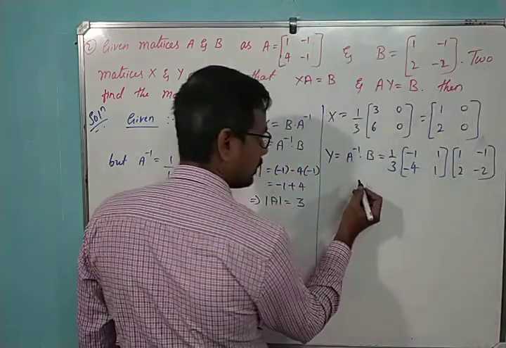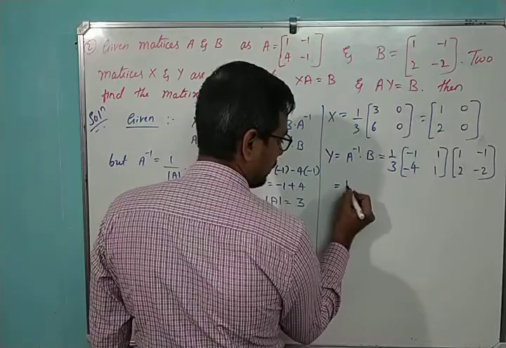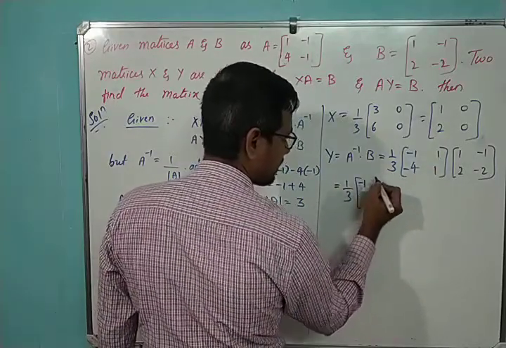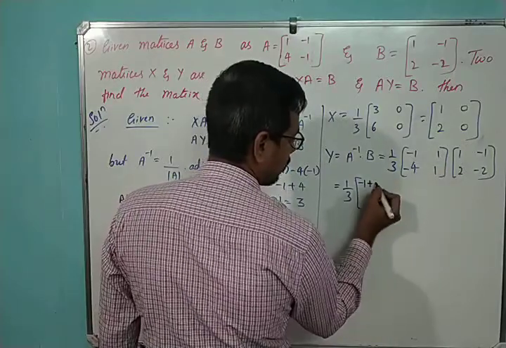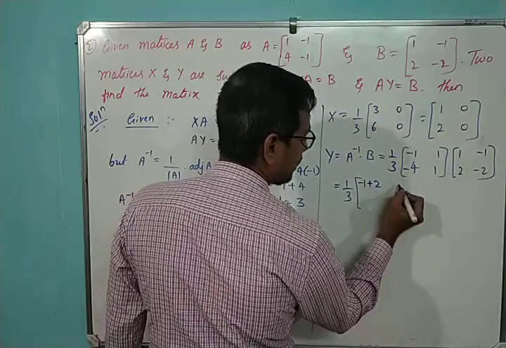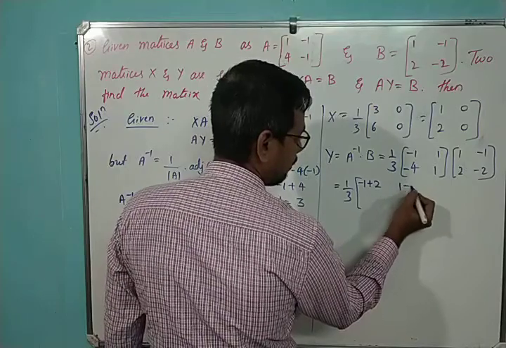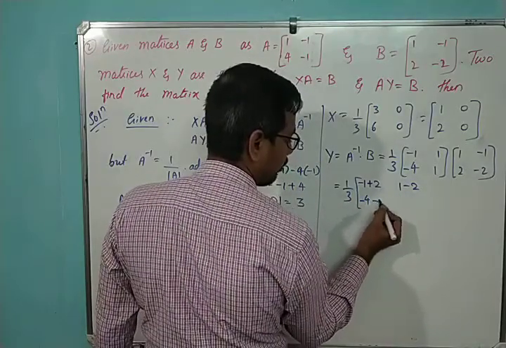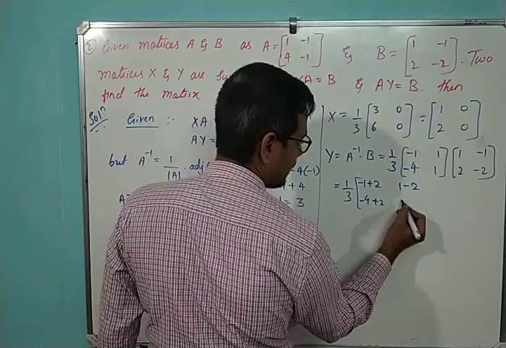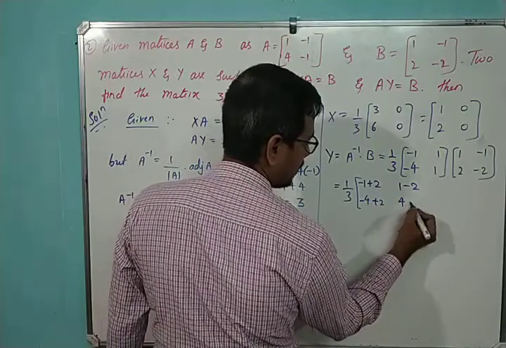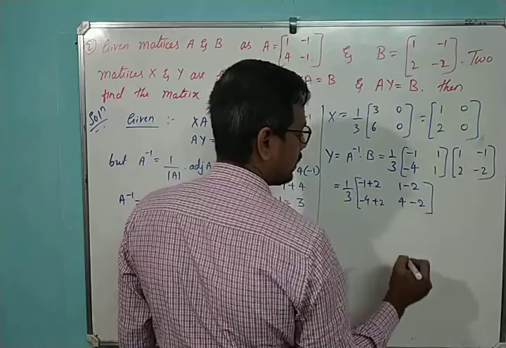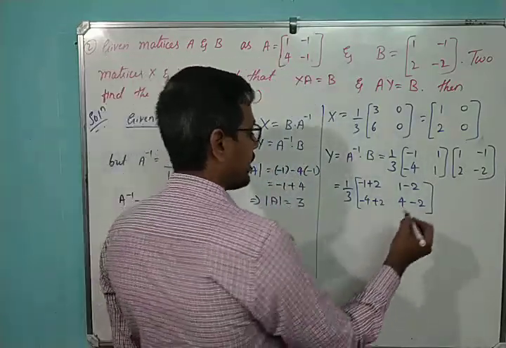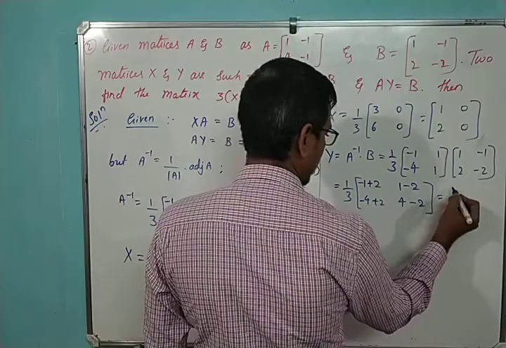So now this is 1 upon 3: minus 1 into 1 plus 1 into 2 is 1, minus 1 into minus 1 plus 1 into minus 2 is minus 1. This I can write as minus 4 plus 2, and this is 4 minus 2. So this will be what?